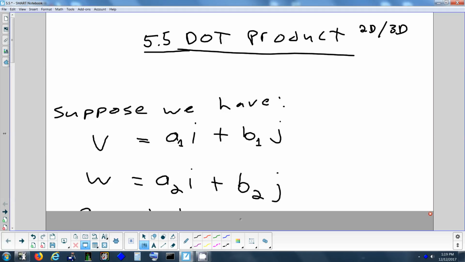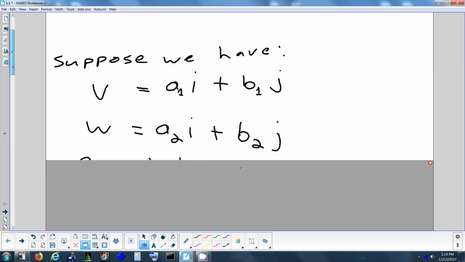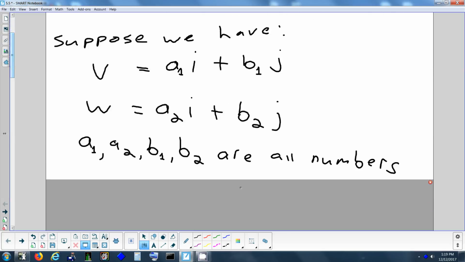Vector v has an i and a j component, a1 and b1. And vector w also has an i and a j, or a horizontal and a vertical component. In an actual problem, a1, b1, a2, and b2 would be all numbers. Okay, so a1, a2, b1, b2, all numbers.